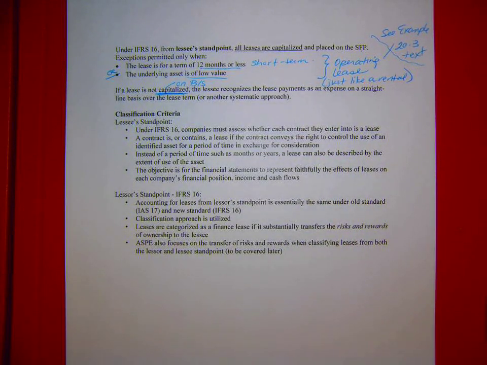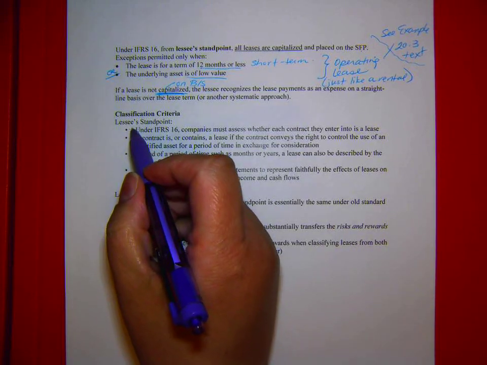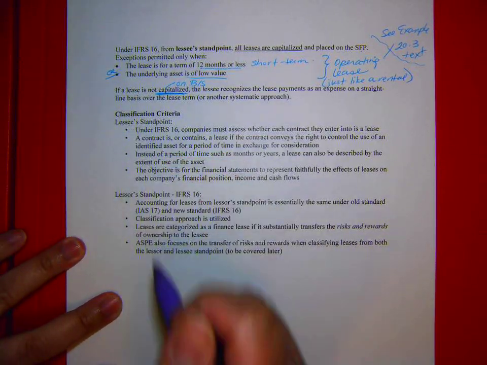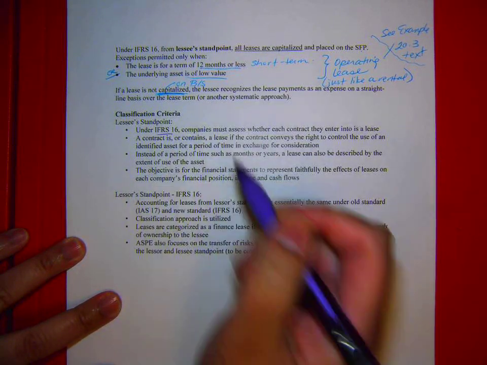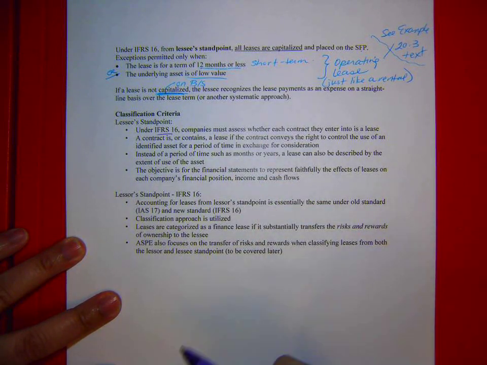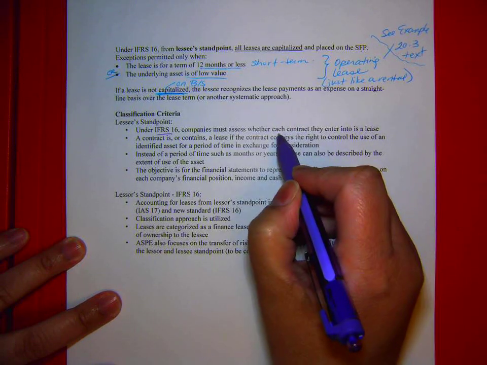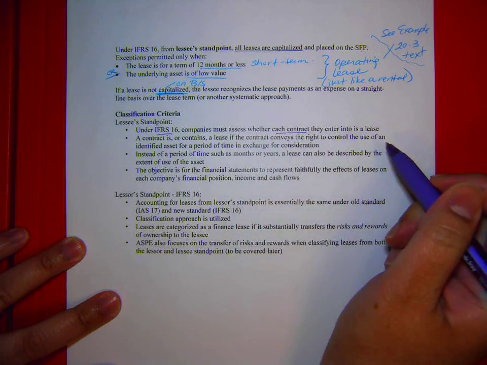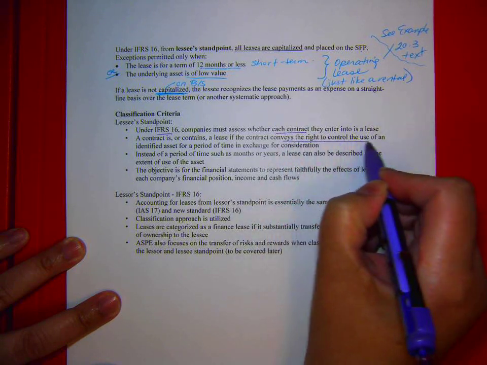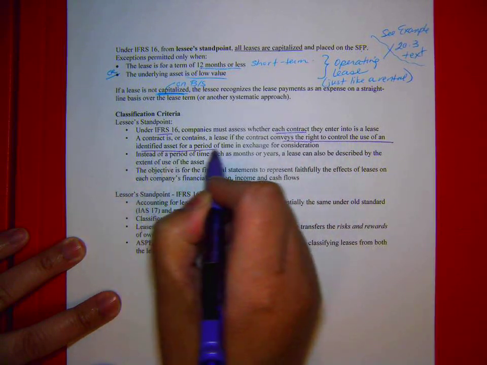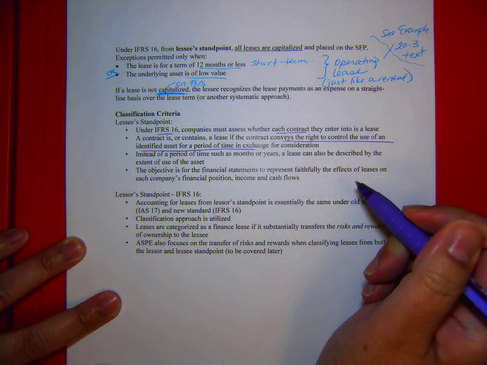So our classification criteria from the lessee's standpoint, so the person that would be leasing the car, under IFRS 16, which is new, check if each contract they enter into is a lease, if it conveys the right to control the use of an identified asset for a period of time in exchange for consideration or money.